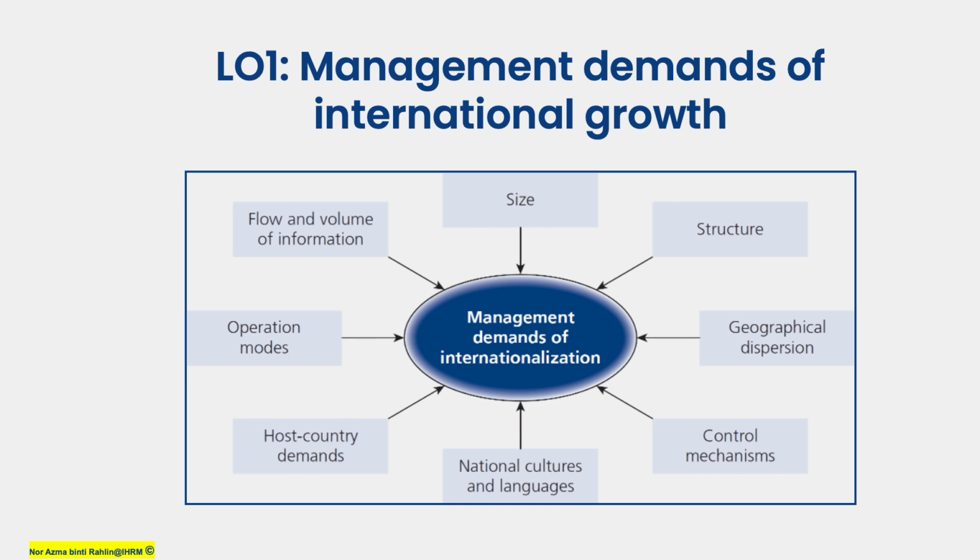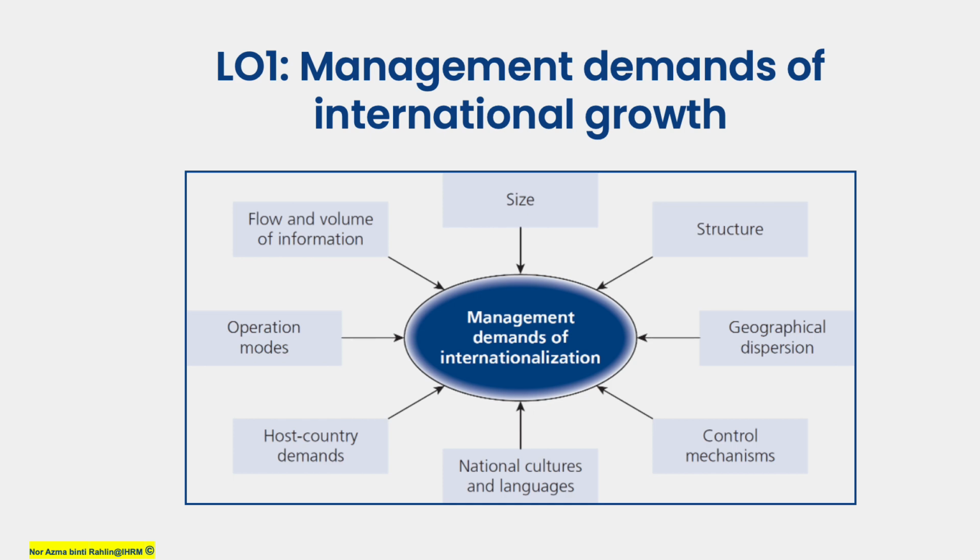So adapting organizational design to manage international operational efficiency. It can be international or global division, product division, or area division. Next, we have geographical dispersion. It can be explained as managing different locations, different time zones, and different kinds of logistic approach.